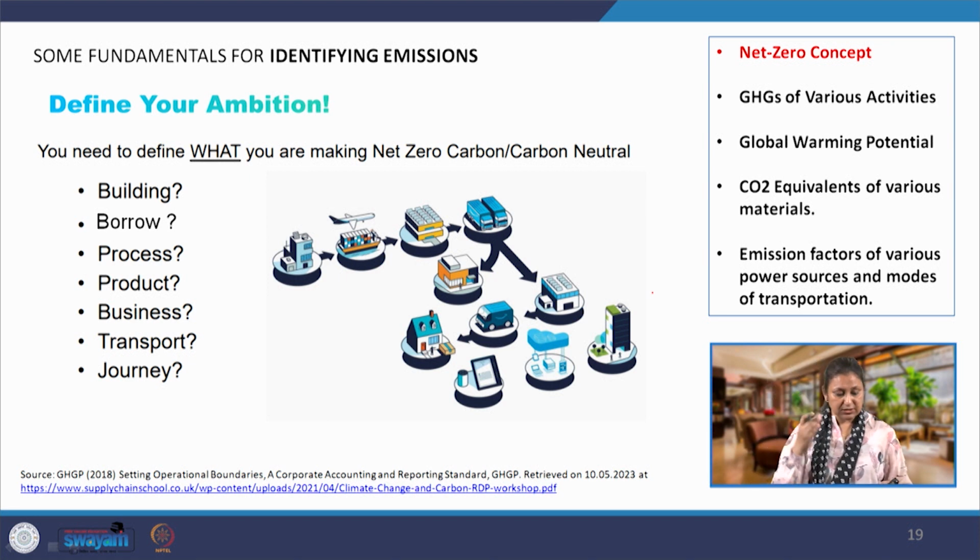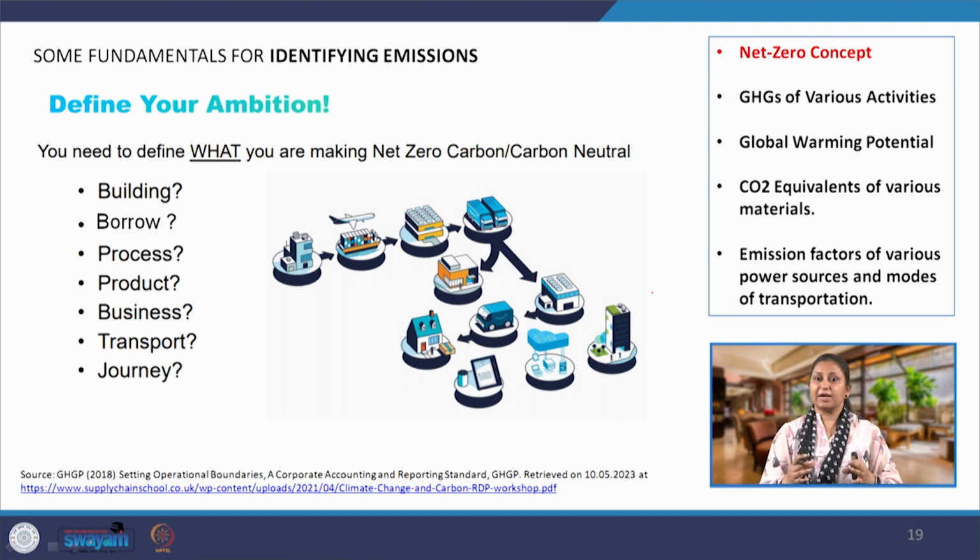We have to define what you are making net zero carbon. So, defining the boundaries. We will see where all the net zero concept can really be applied. Often we cannot apply the net zero concept to the entire organization boundary or the entire operational boundary. It could be done, but for bigger organizations it is difficult.